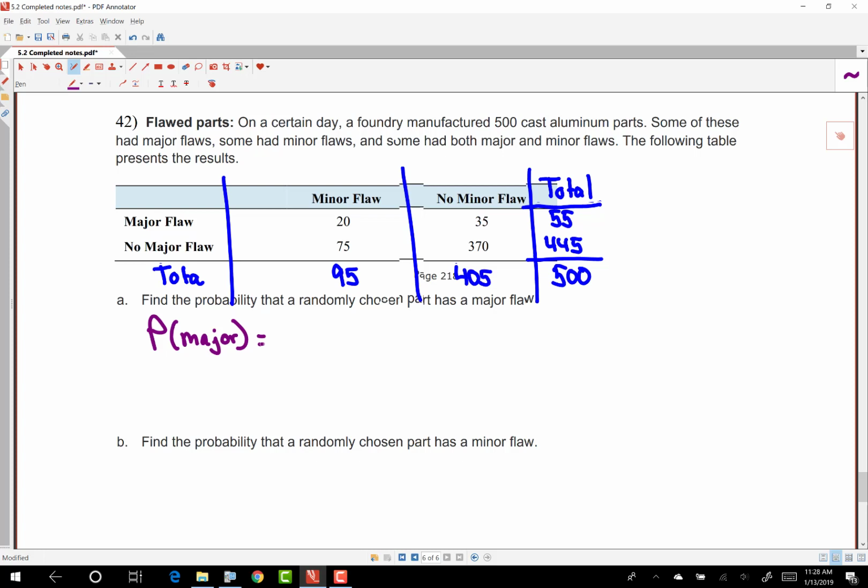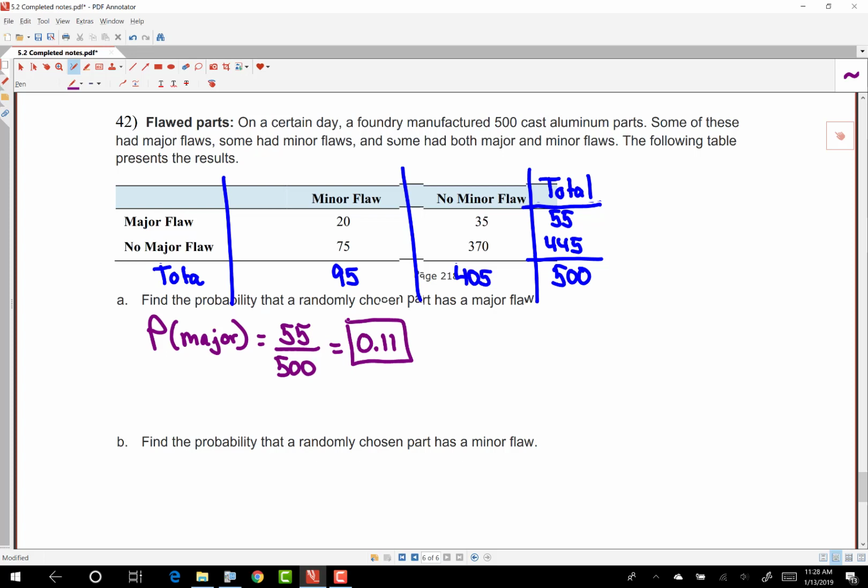And that's the case here. So the number of major flaws total was 55. And that's including some that had minor flaws and some that didn't have minor flaws. And that's out of 500. And so if you divide that, you're going to get 0.11. So that's the probability that it has a major flaw.